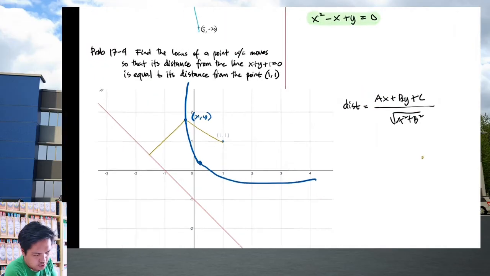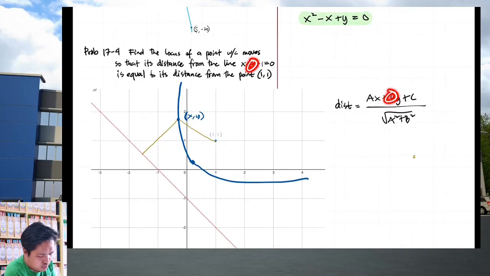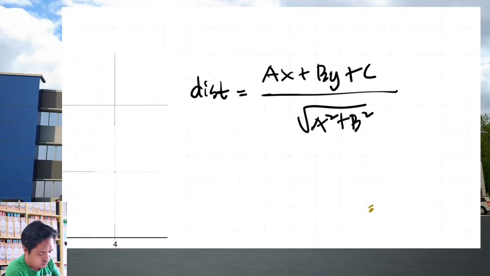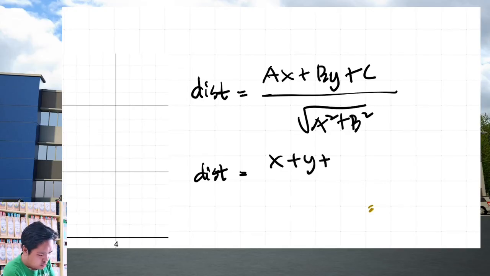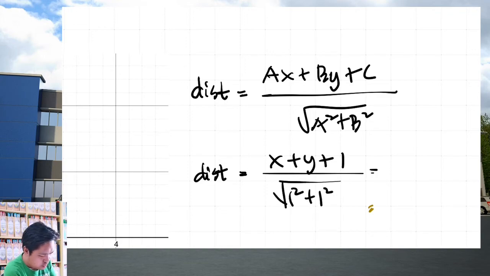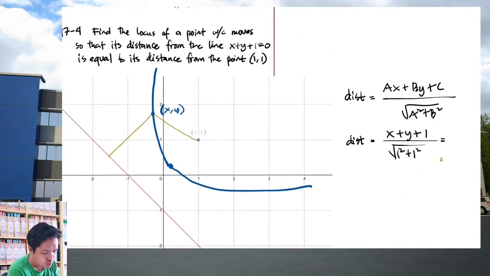In this case, our a is 1, our b is 1, and our c is 1. So the distance, I'll just call it d, would be x plus y plus 1 over the square root of 1 squared plus 1 squared. Since the point is above the line, we'll choose positive values.